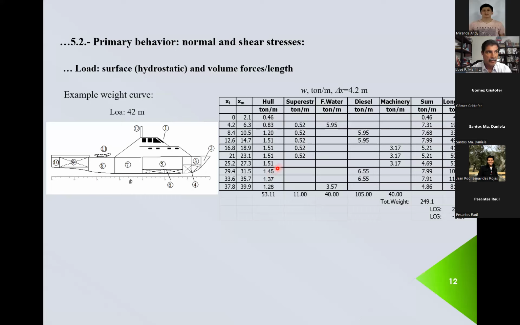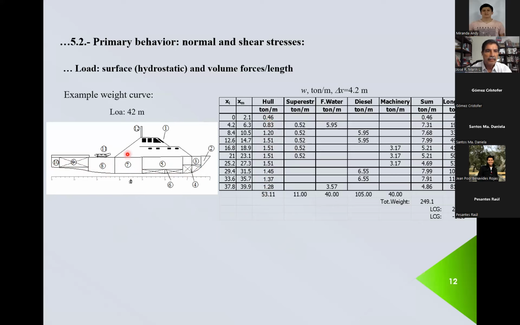This is a model, right? The distribution of the weight along the length of the ship is more complex, but this is a way that people can simplify. So it's like straight, constant, straight. It's a way to approximate the distribution of the weight per unit length of the hull.